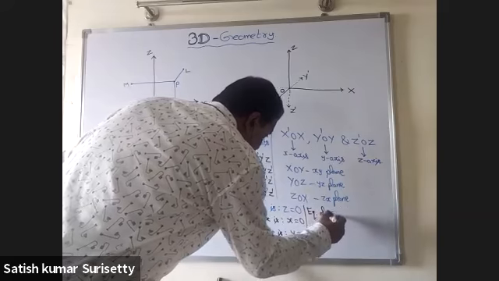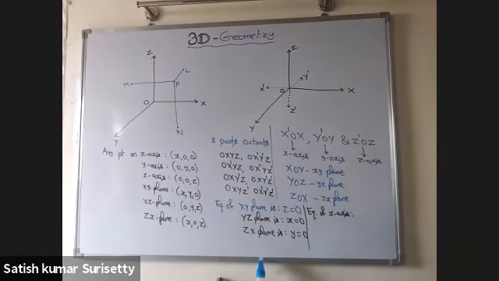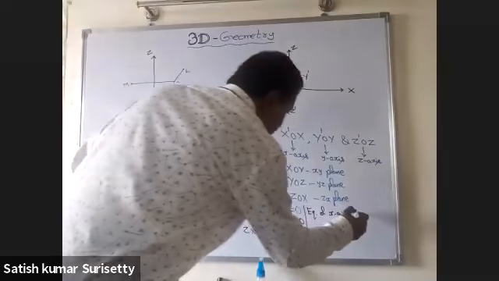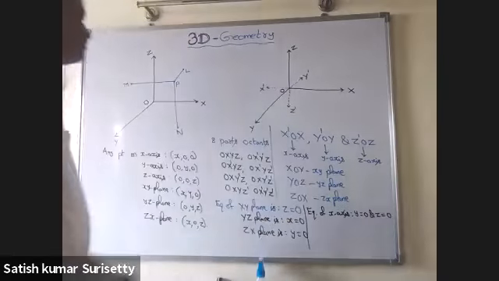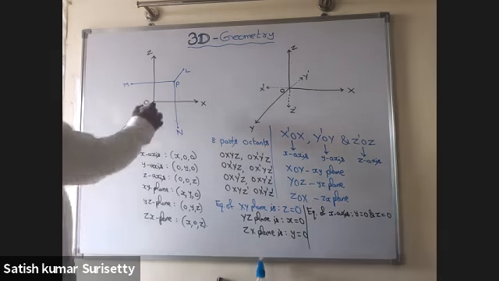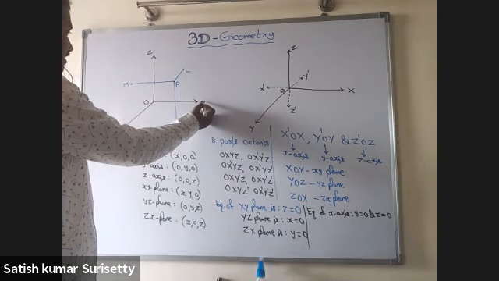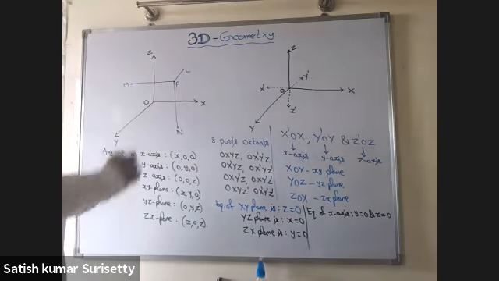Equation of x-axis is y equal to 0 and z equal to 0, which is the intersection of xy plane and xz plane.